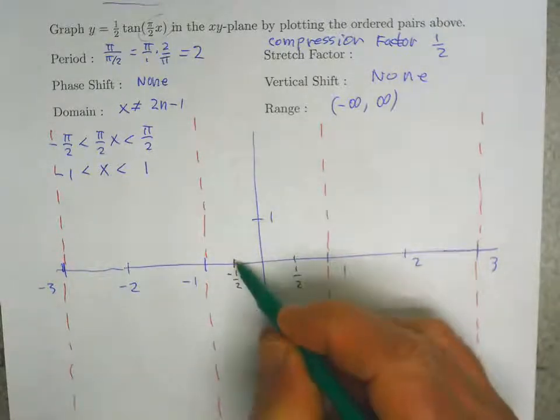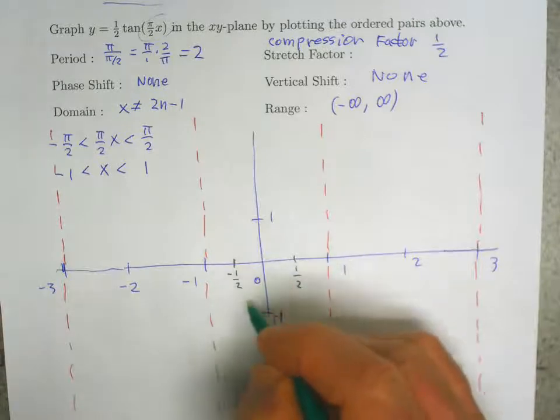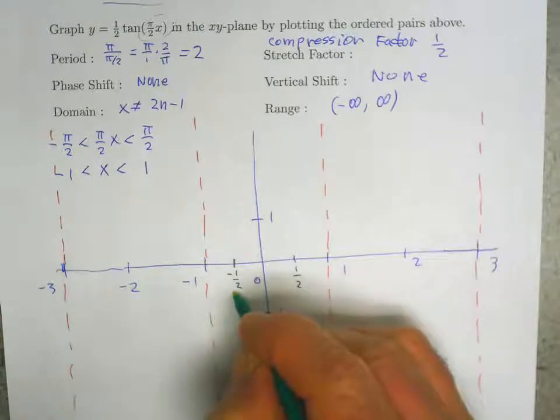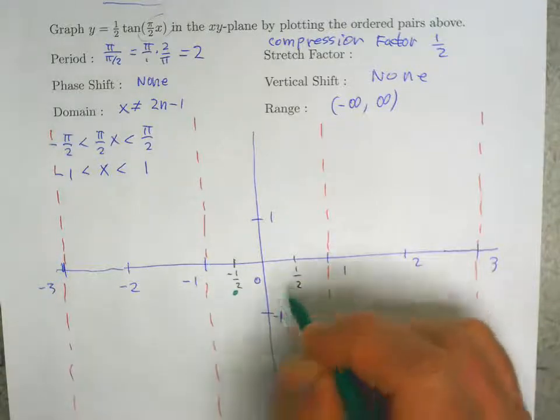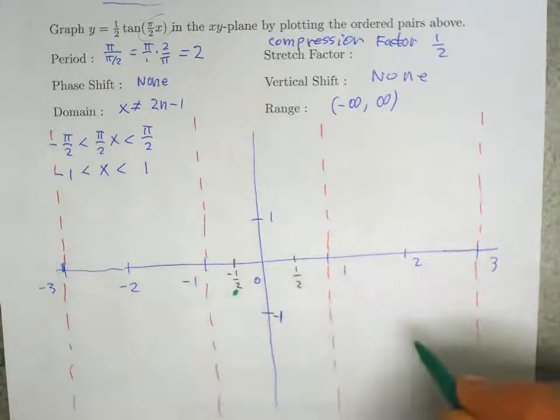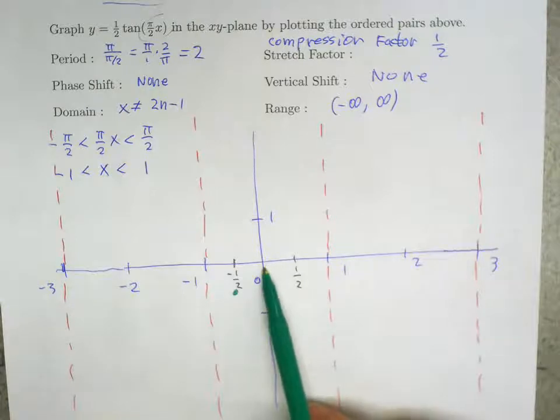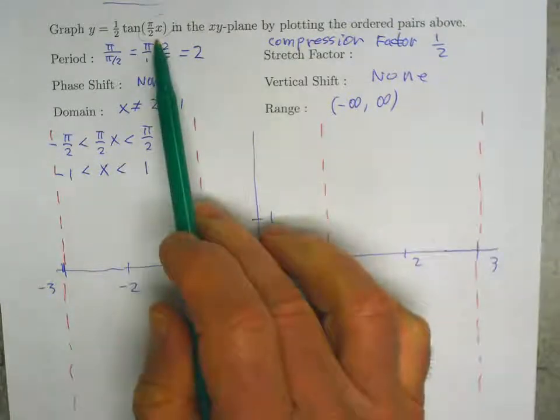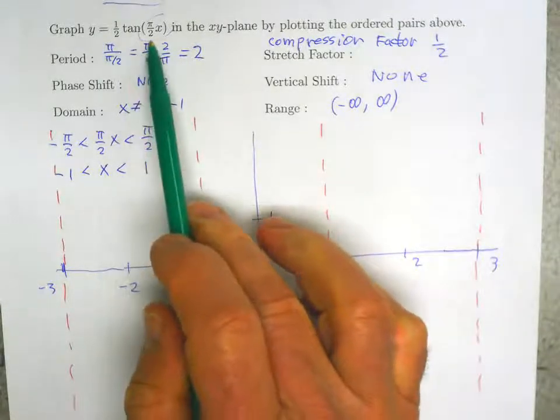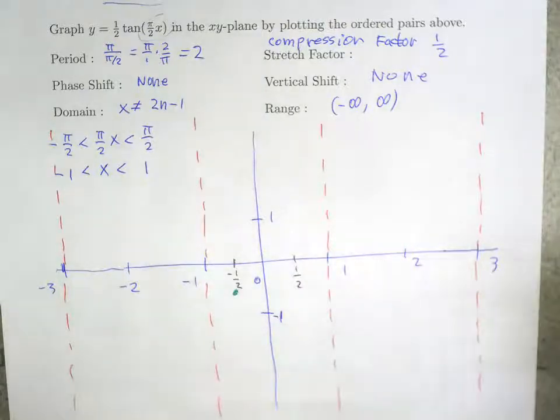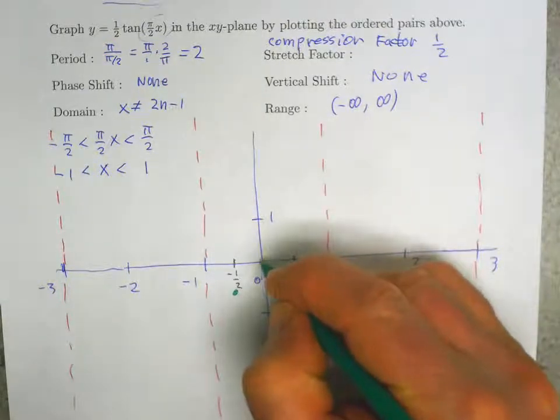So when x is -1/2, the output is also -1/2. So about right here. When x is 0, pi over 2 times 0 is 0. Tangent of 0 is 0. 1/2 times 0 is 0. So we have this point on the graph.